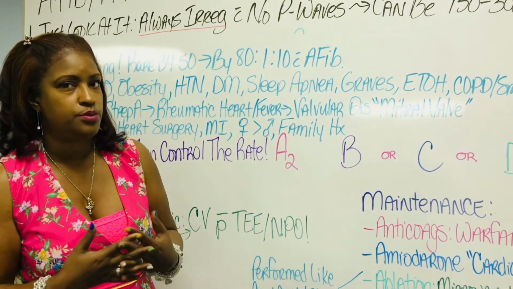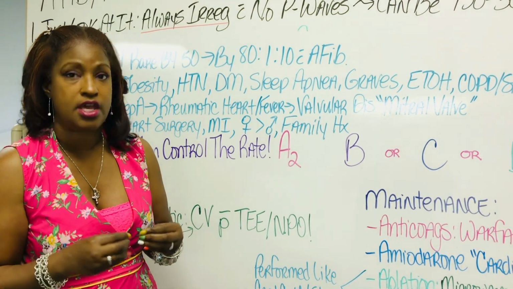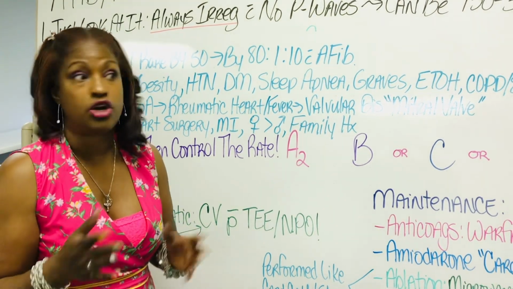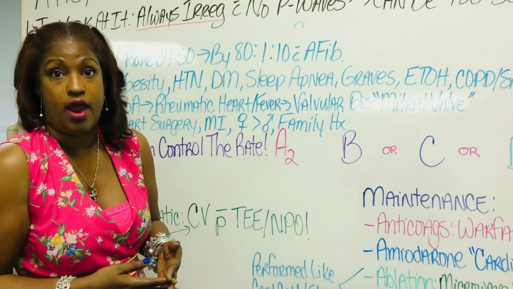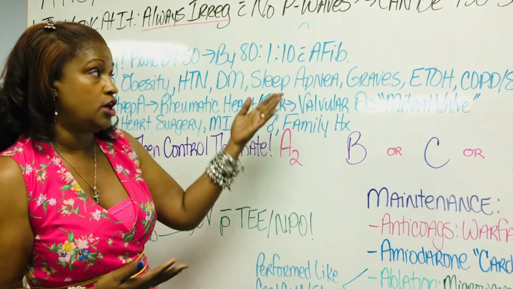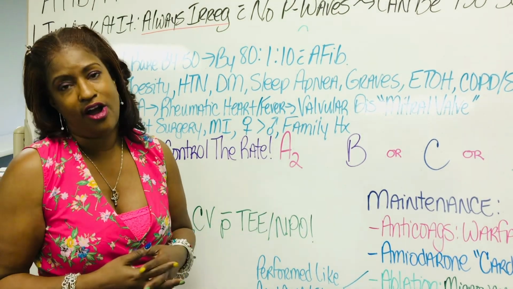So I hope that helps you kind of sort out a few kind of tricky things, because I would wager that most of our great-grandmas and grandpas and grandmothers and grandfathers had strep untreated, and we know now that that can cause AFib.